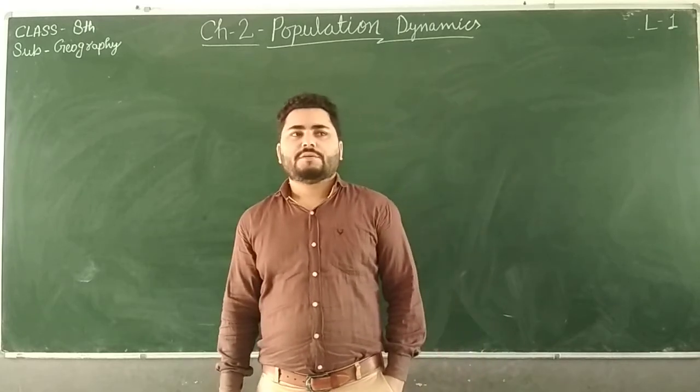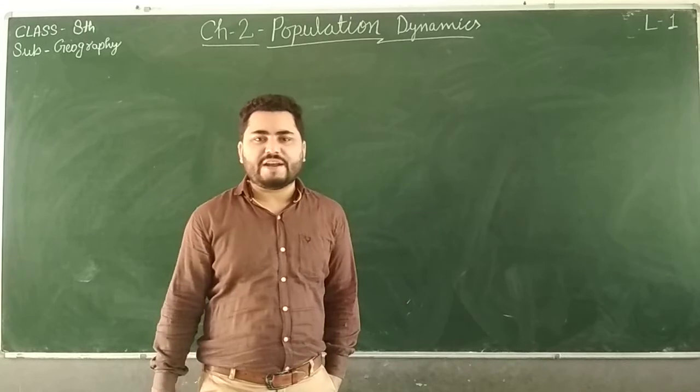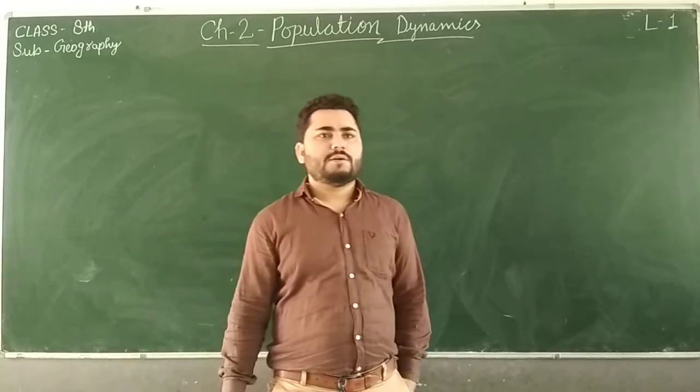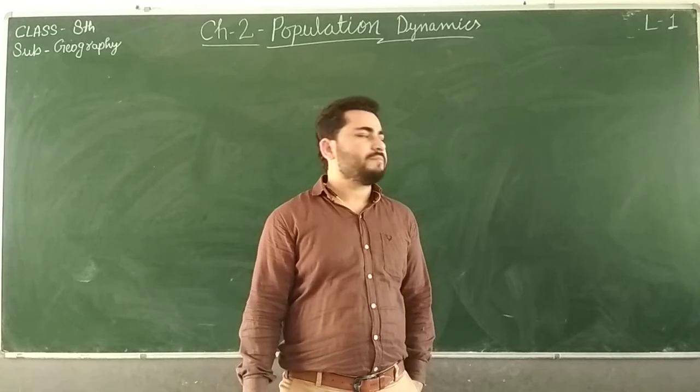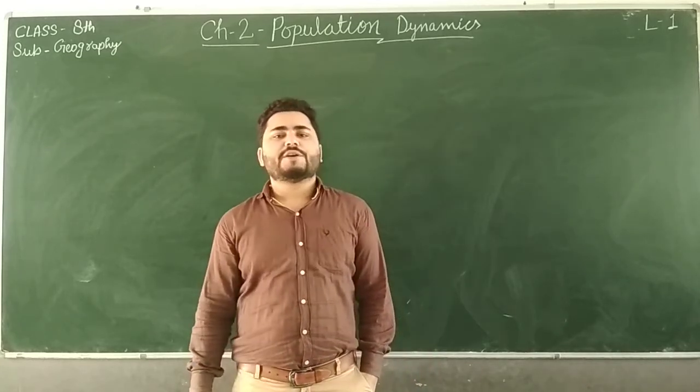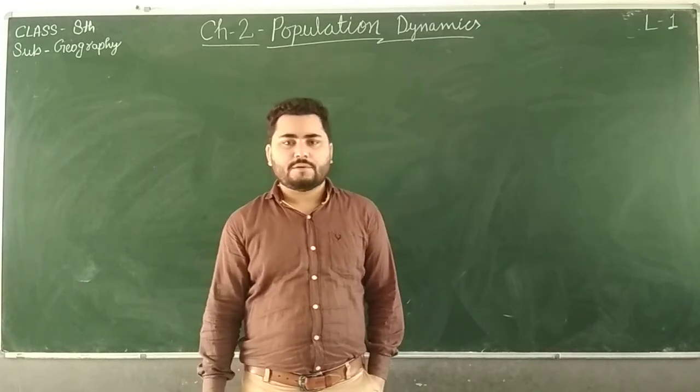As the name of the chapter is population dynamics, you must be thinking, what is the meaning of dynamics? Why is the name of the chapter population dynamics? See, population is a phenomenon which keeps changing.